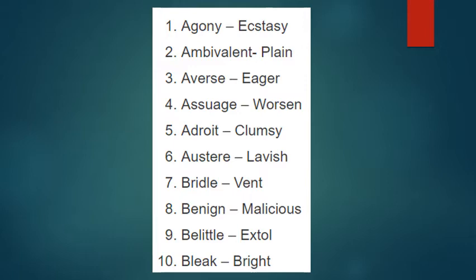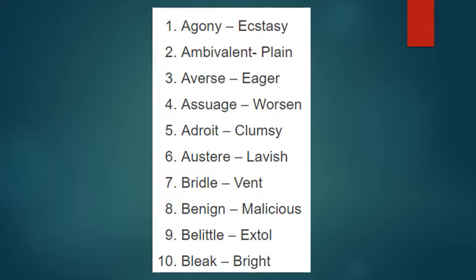Brittle, vent. Now what does vent mean? You don't curb, you don't keep within you, you give an outlet for it. So opening up yourself is to vent. Benign, malicious. Benign means kind, good.